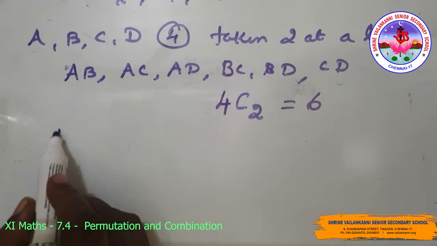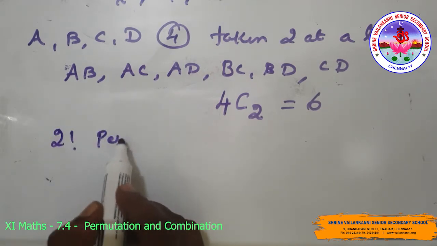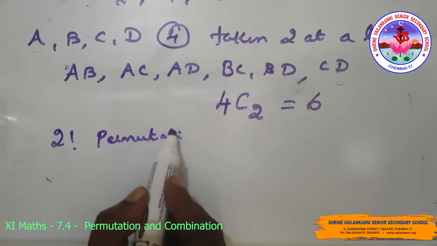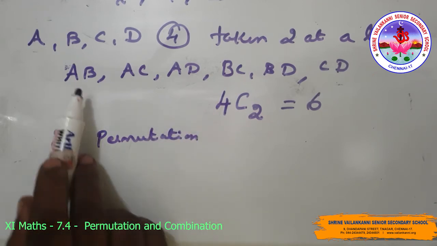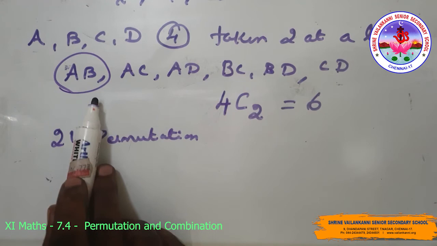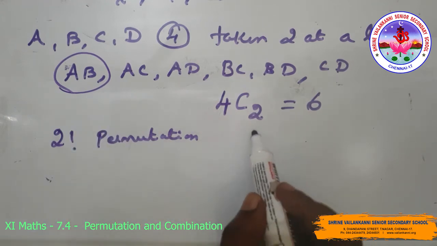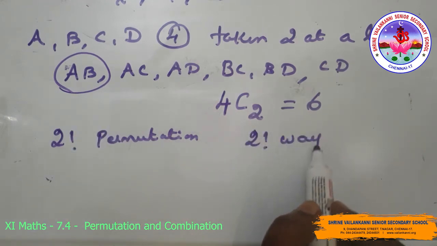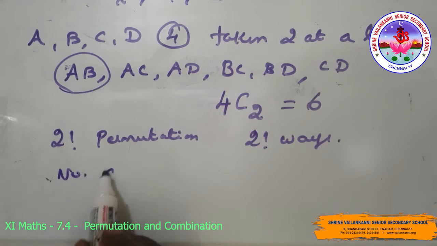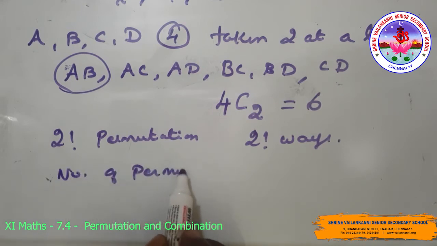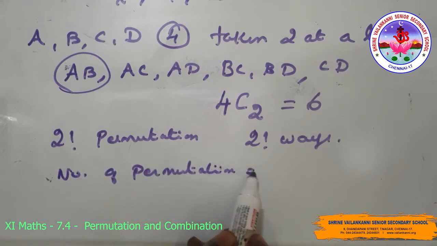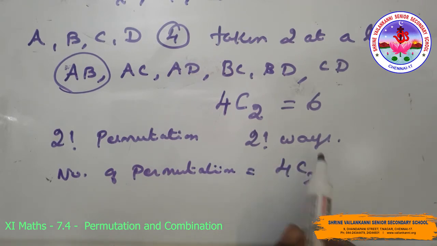So we have a 2 factorial permutation, as the 2 objects in each combination can be arranged in 2 factorial ways. So the number of permutations is 4C2 into 2 factorial.